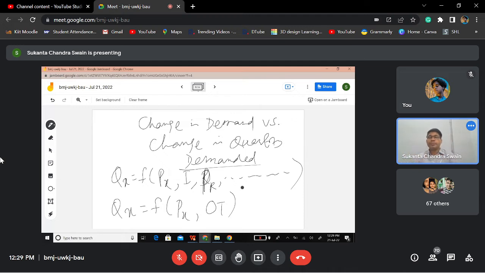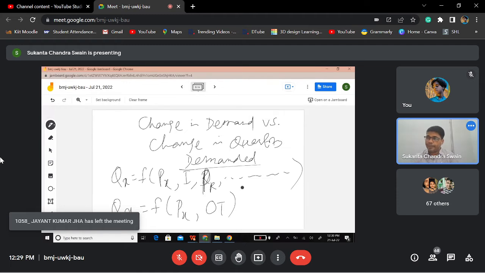Then, for the sake of explaining these two concepts, change in demand and change in quantity demanded, we segregated all those variables into two parts. One is price of the same product PX, and the other is other things: all variables other than price of X which influence the demand for a commodity. So here we have I, PR, and also preferences, lifestyle, availability, accessibility, quality, etc.